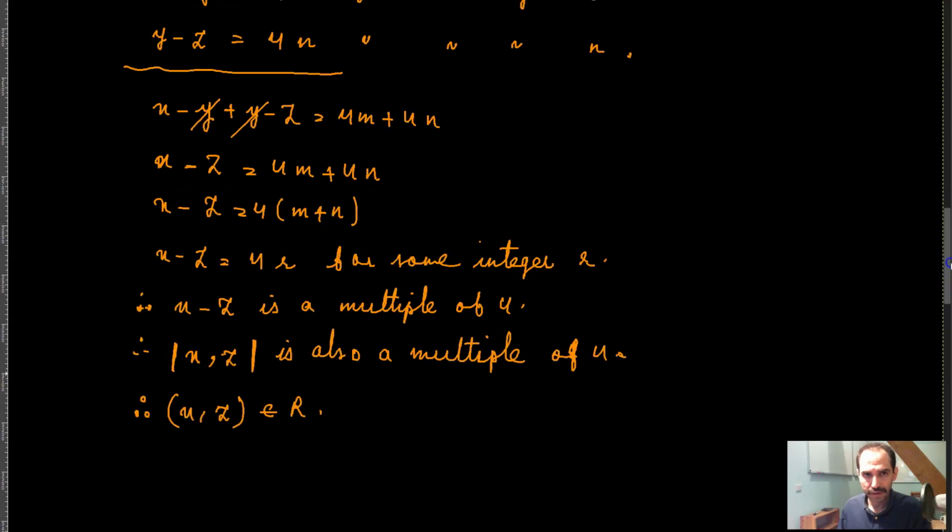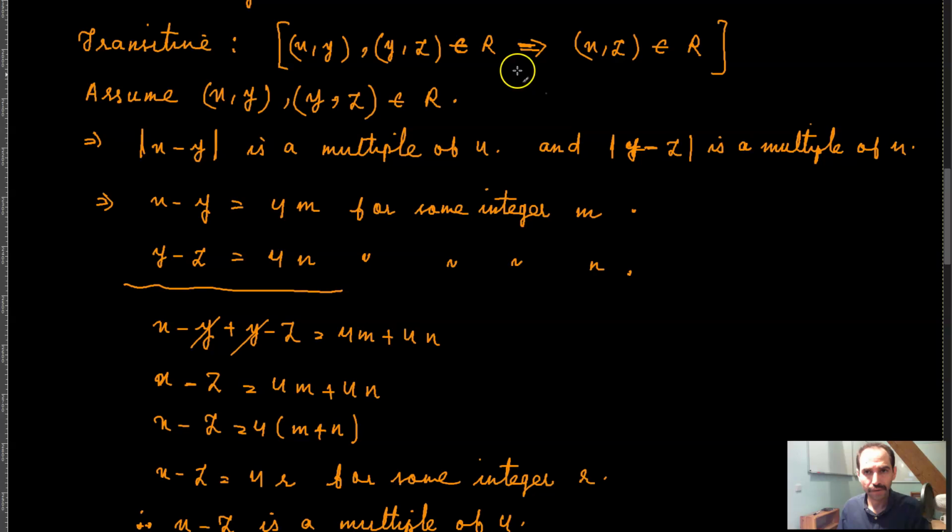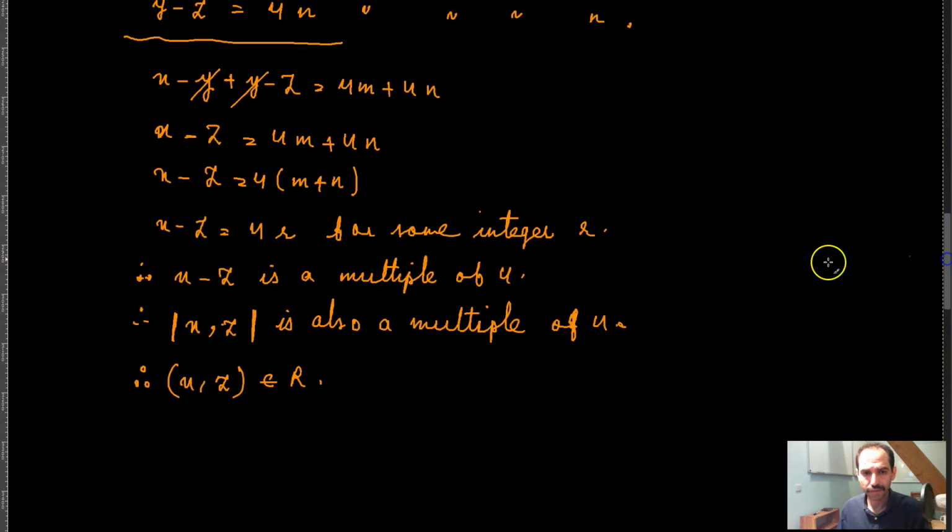Over here we argued that x comma y and y comma z belong to R, and we concluded that x comma z also belongs to R, which means that R is transitive.